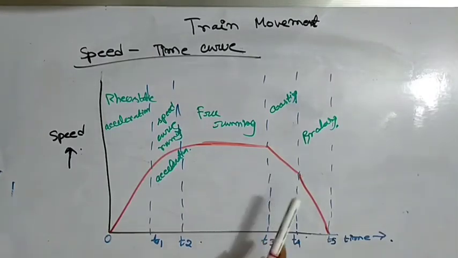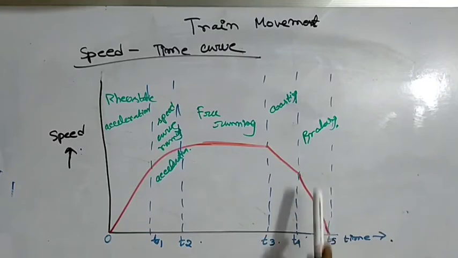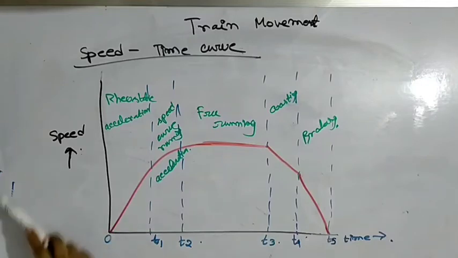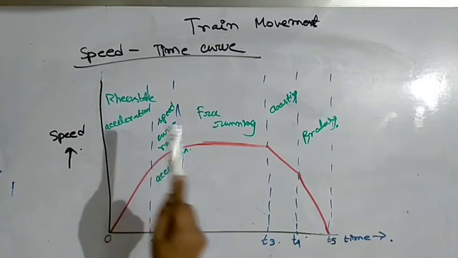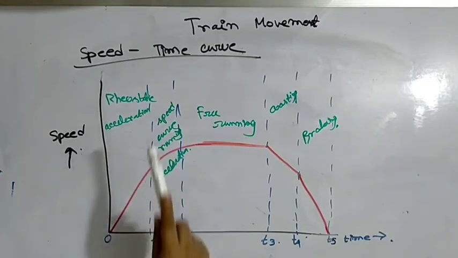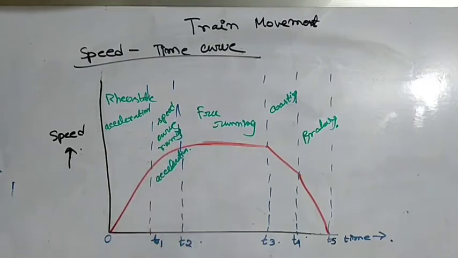In this period the train runs by its own momentum, and T4 to T5 is known as braking, and the brakes are applied to bring the train to stop. So this is the speed time curve, and this curve is divided into rheostatic acceleration period, speed curve running period, free running period, coasting period, and braking period.